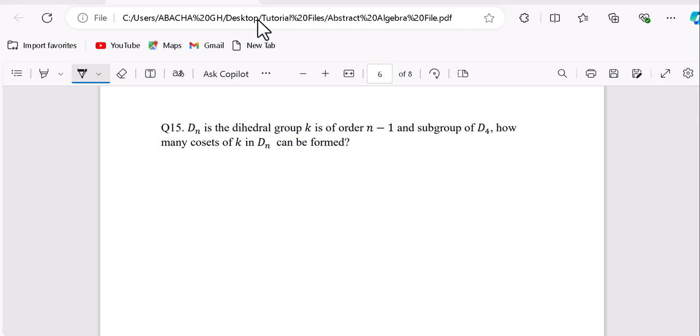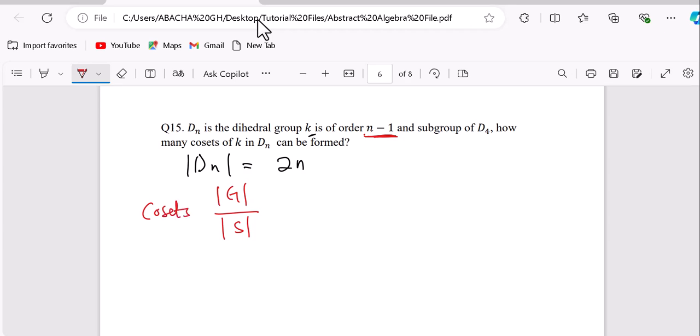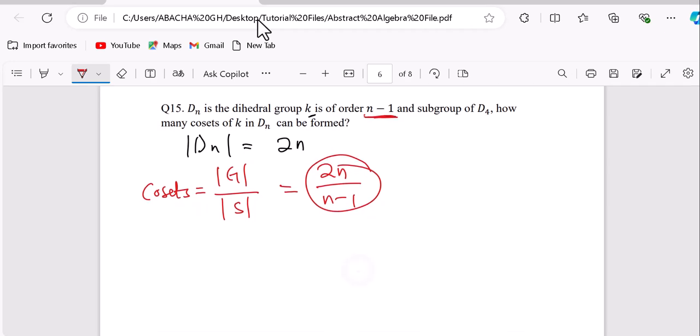We know that the order of Dn is equal to 2n, and the order of the subgroup K is n minus 1. By Lagrange, the order of the group over the order of the subgroup is the number of cosets. So the number of cosets equals the order of the group over the order of the subgroup. That's just 2n over n minus 1. And so this is the answer they are looking for.